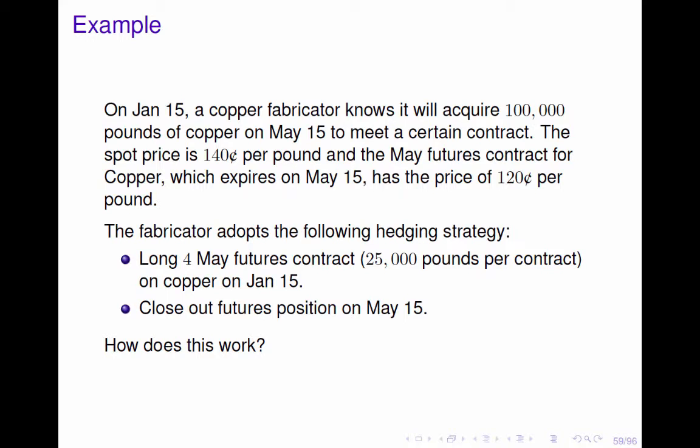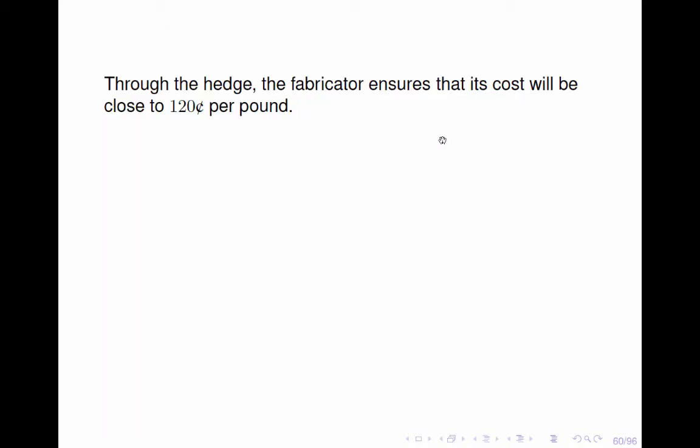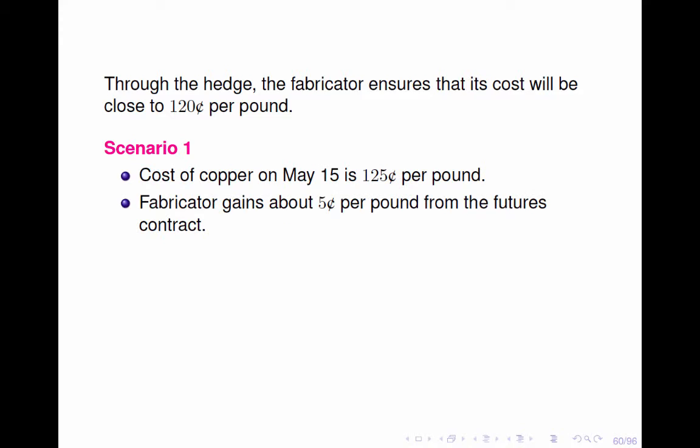Now let's see how does this long hedge work in details. Through this hedge, the fabricator ensures that its cost will be close to 120 cents per pound. Again, we will consider 2 different scenarios. First, assume the spot price of copper on May the 15th is higher than 120 cents per pound.